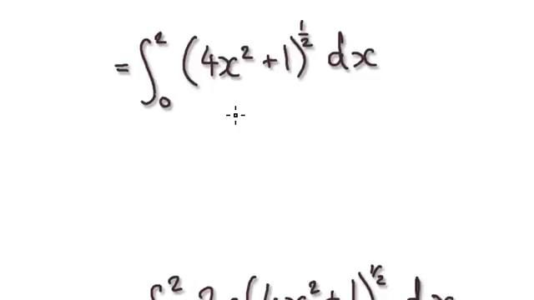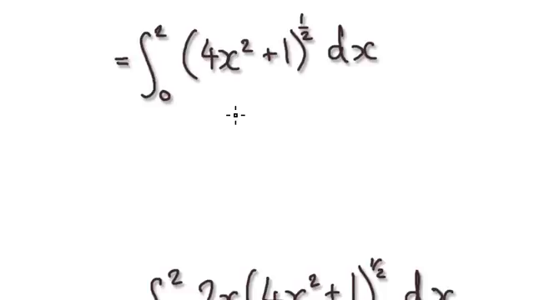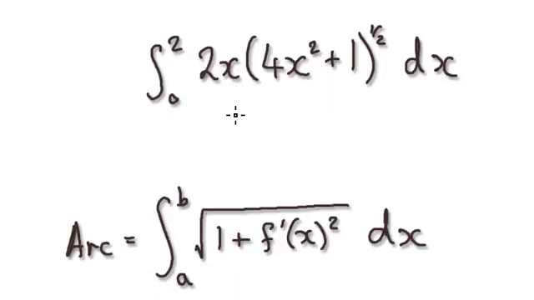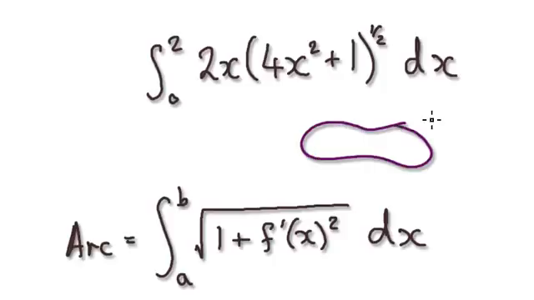Okay. The point of this video is that up until now, when you're asked to find the arc length, all the problems given to you, you could easily rewrite in the form of something squared.